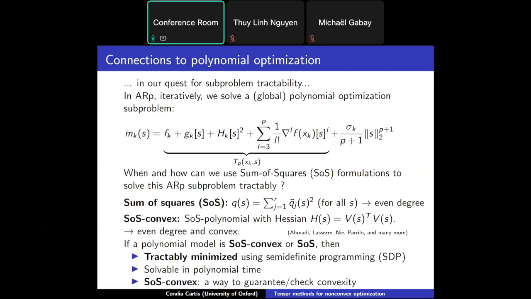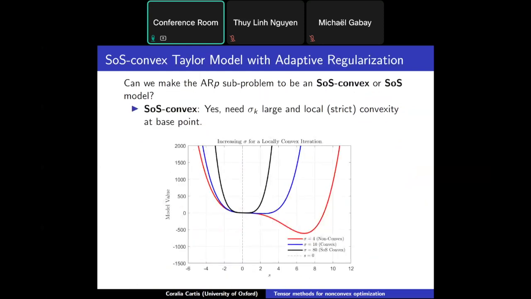Okay, so not just convex, but SOS convex, and you only need it locally. Okay, so this is very interesting.